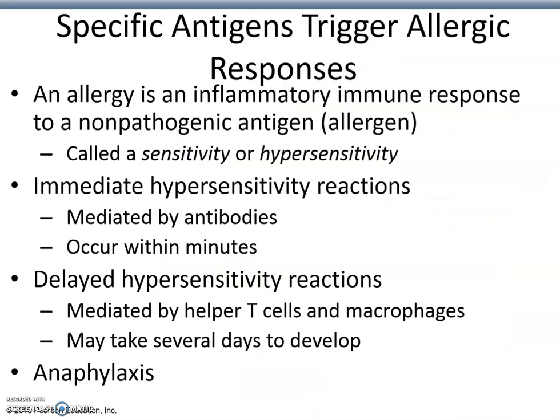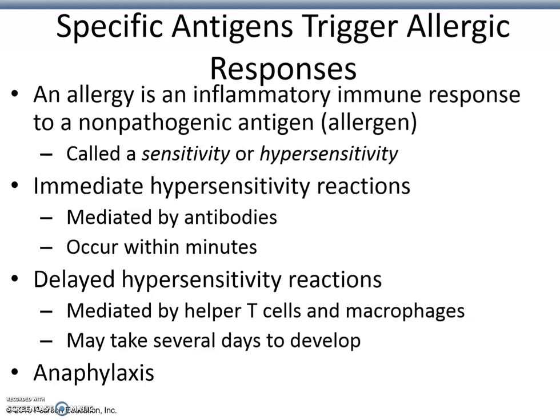Let's talk a little bit about allergies. That is basically an overreaction of your immune system. So an allergy is an inflammatory immune response to a non-pathogenic antigen, an allergen. So basically your immune system is going after something that wasn't dangerous. It just mistook it for a dangerous enemy, and it really wasn't dangerous at all.